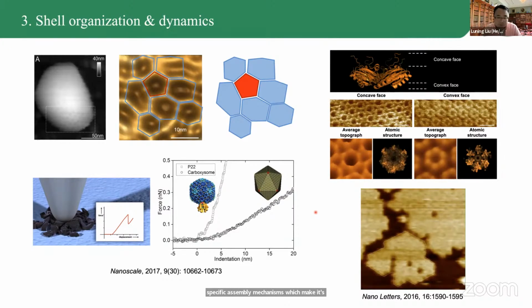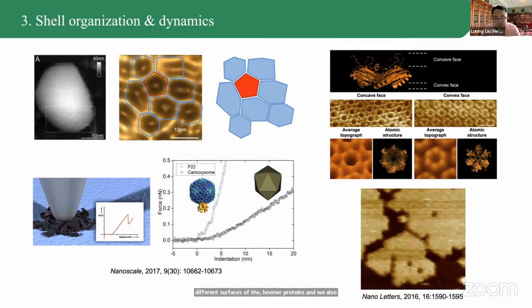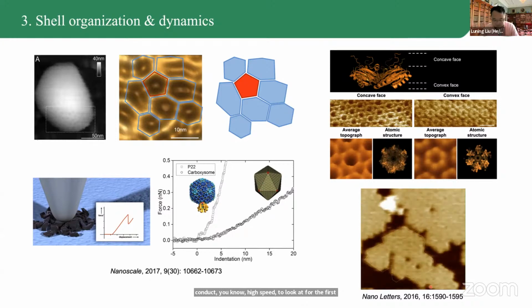But we tried to have a 2D layer of the hexamers form a flat sheet, and using AFM, we can look at the different surfaces of the hexamer proteins. We also conducted high-speed imaging to look, for the first time, at the assembly dynamics of the shell proteins to form the large facet.